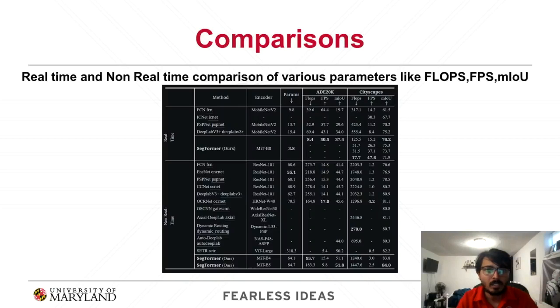It is also compared on real-time as well as non-real-time settings with different models. You can see the FPS as well as the mean intersection over union is much better compared to other models, ranging from fully convolutional neural networks and DeepLabv3+ to other transformer networks.